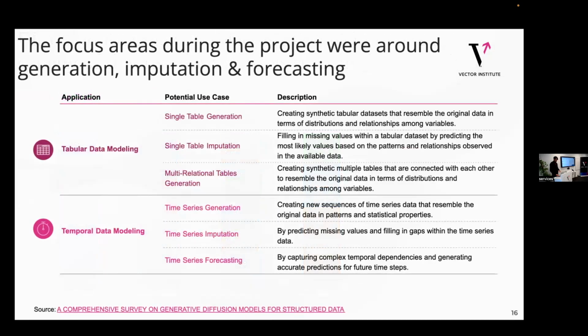These are different use cases or different applications, and within tabular we had single table generation, single table imputation, multi-table generation. Each of these used a different technique, CSDI. I'm not going to name them all right now because I don't remember all of them exactly, but different types of models that could tackle each of these, a bit more specialized, all different types of diffusion models.